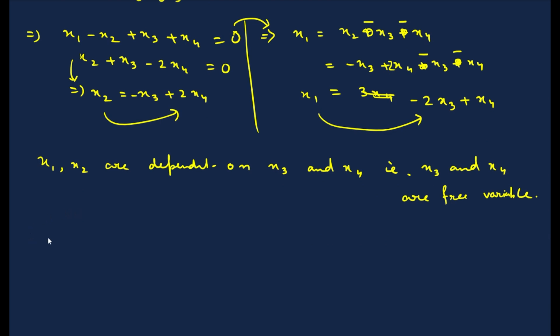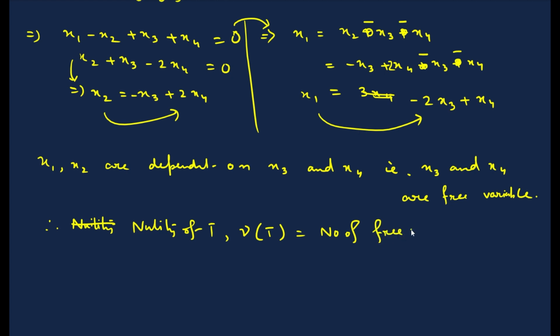So therefore there is one rule to find the nullity of T. So it means nullity of T. So nullity means what? Number of free variables. Okay, number of free variables.